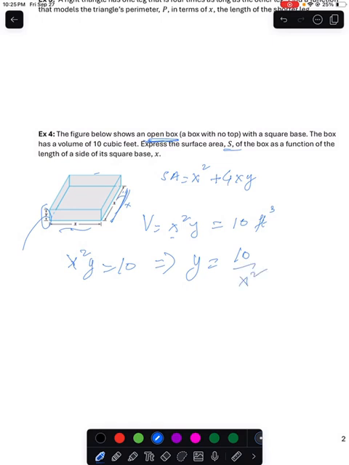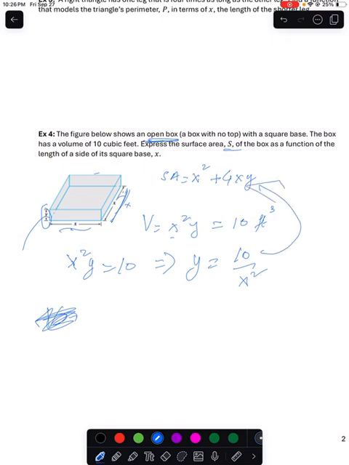Now I will take this y and plug it in. Sorry, we don't need the V, we are looking at the surface area, remember? That's what the question is asking us to do. So I will take this y value that we just found and plug it in the surface area.